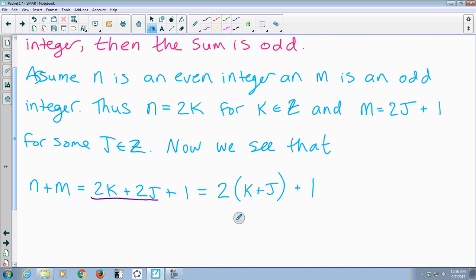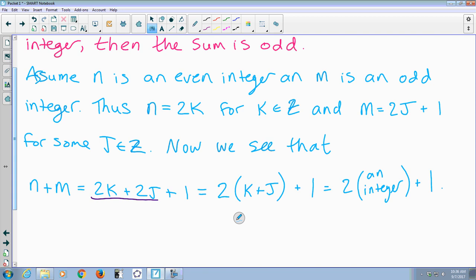But k plus j is just an integer plus an integer, which is another integer, right? So this is 2 times an integer plus 1. So that means n plus m, the sum n plus m, now meets the definition of odd.